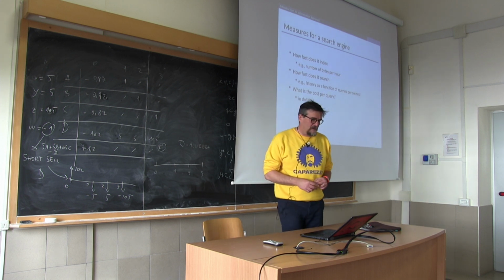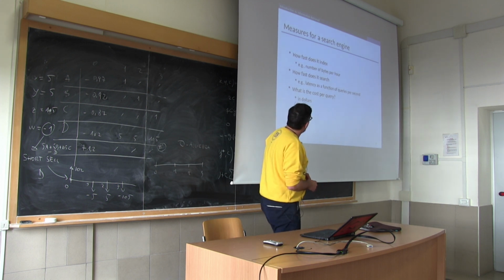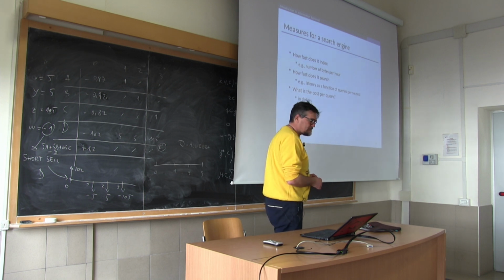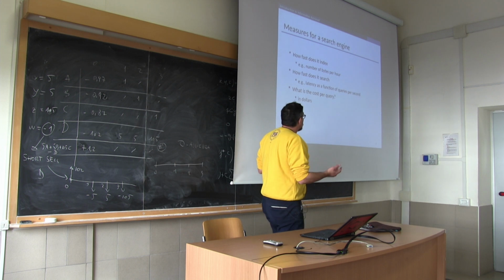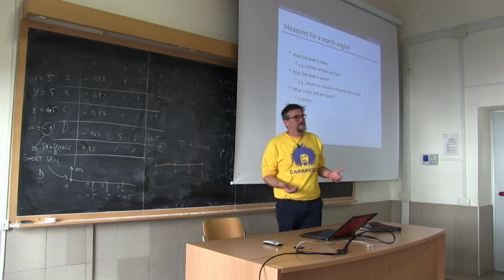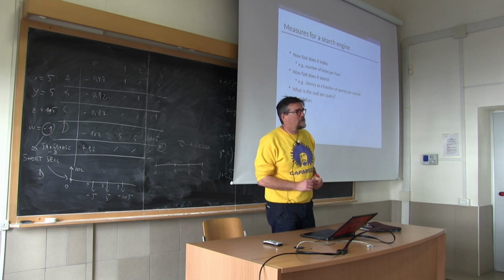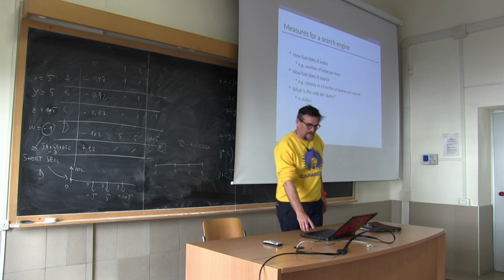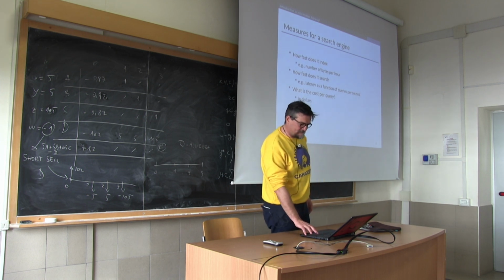Okay? So how many queries I can handle per second. Or what is the cost per query? Clearly there is a significant infrastructure cost. So the question here is to understand what is the cost per query. Those are all possible metrics.